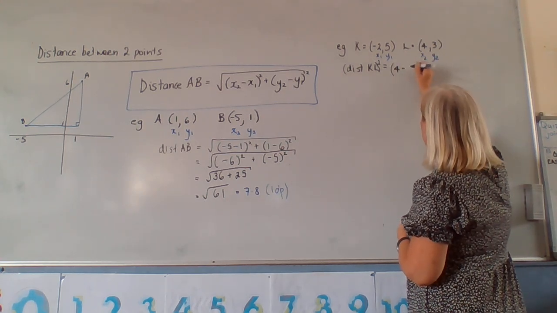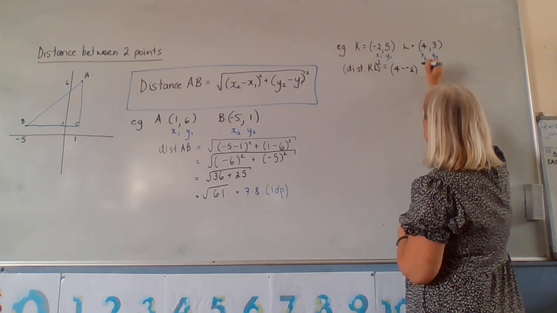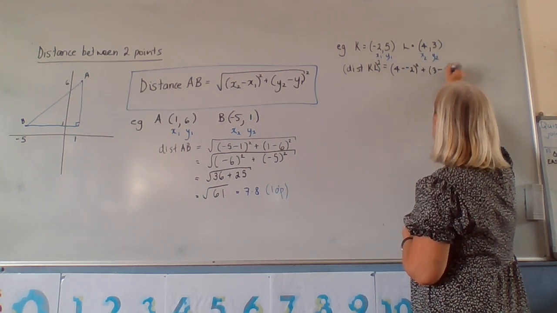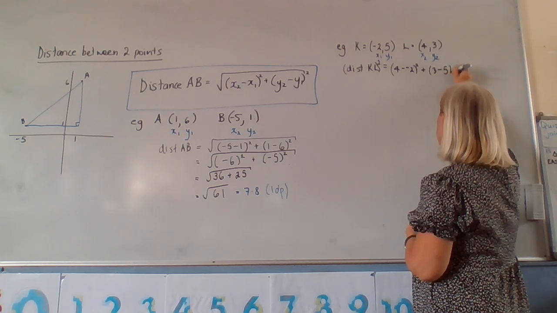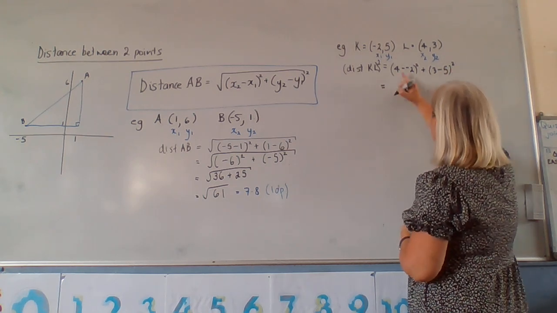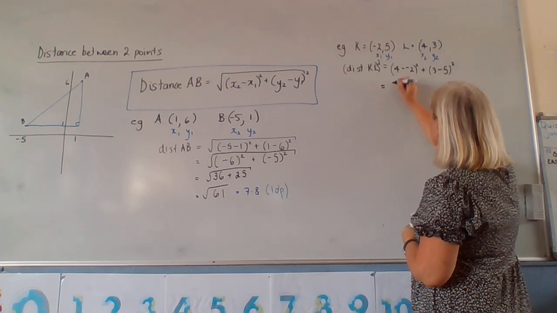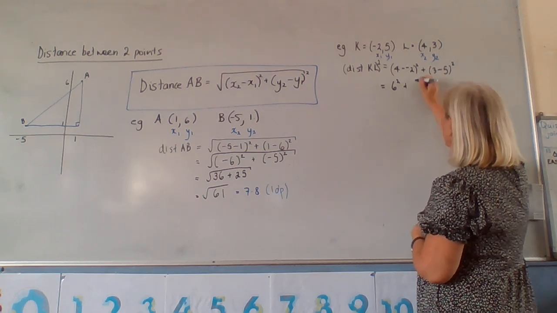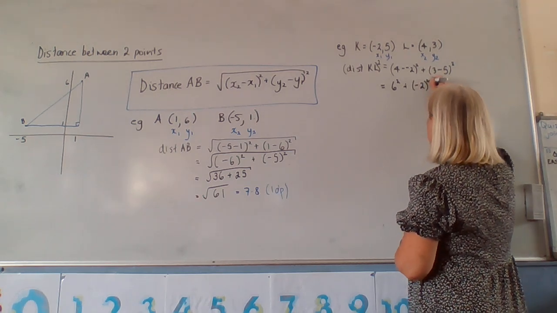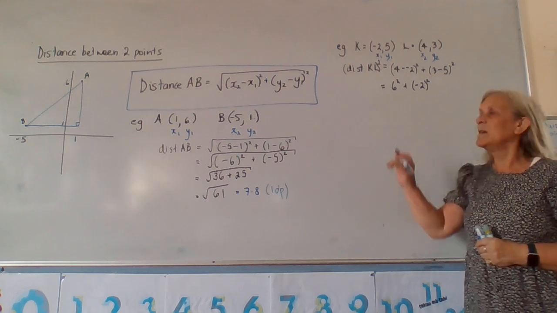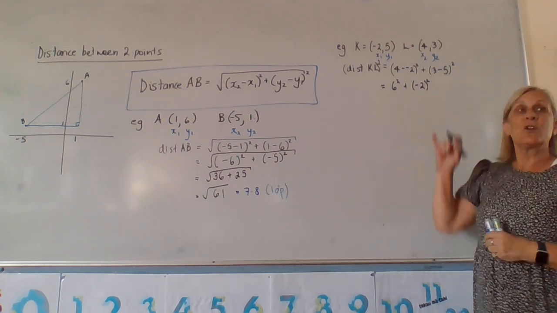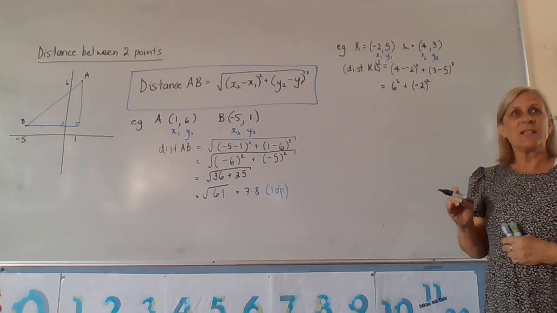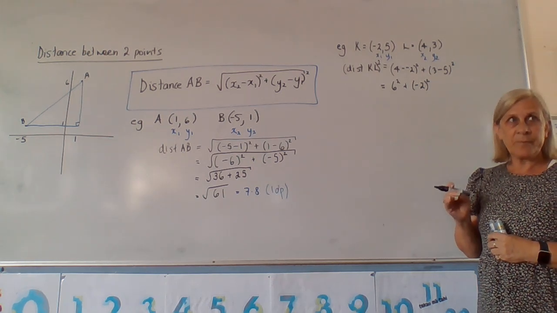minus x1, minus negative 2, squared, plus y2 minus y1, 3 minus 5, squared, equals 4 plus 2, 6 squared, plus 3 minus 5, negative 2 squared. We need that bracket around the negative 2 because if we put negative 2 squared in our calculator, it will tell you the answer is negative 4.